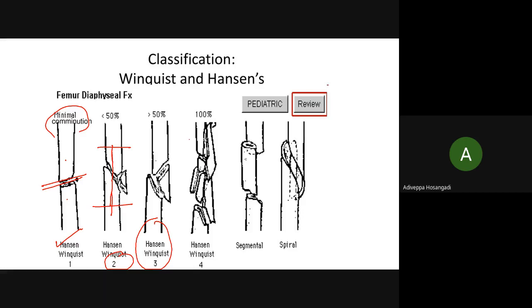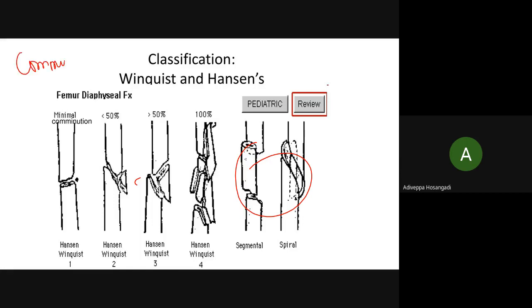And almost 100%, where there is no bone contact between the two main ends of the bone because of so much comminution, is Winquist 4. These things will not go away, so please remember: comminution, meaning how many pieces the bone is broken into, is classified by the Winquist-Hansen classification.